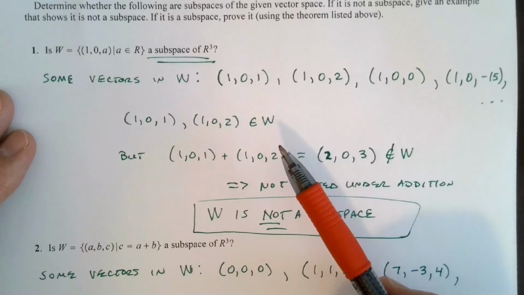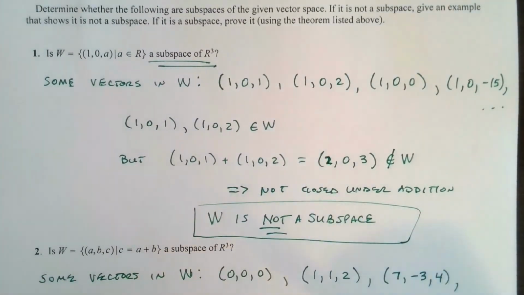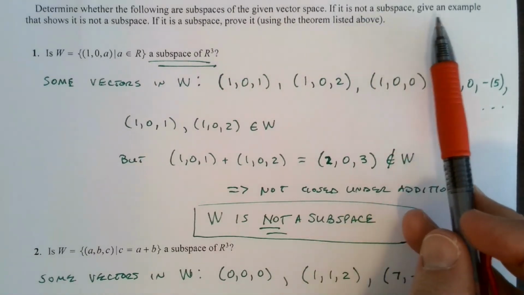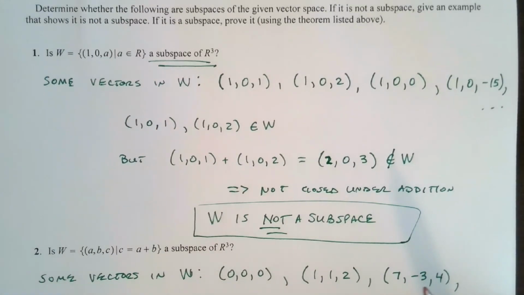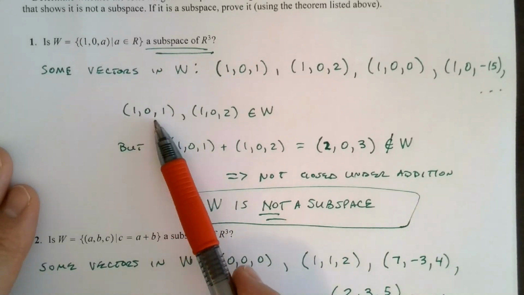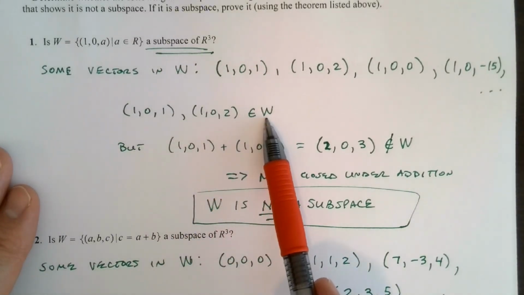Well, the way we're going to show whether or not we have a subspace, if it's not a subspace, let me say that, we're going to give a specific example that shows it's not a subspace. And that's what we've basically done here. So the vectors 1, 0, 1 and 1, 0, 2 are both in the set W, right?